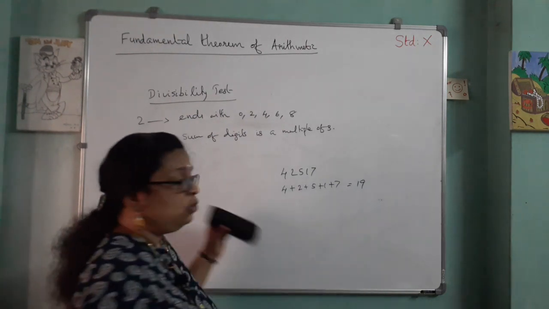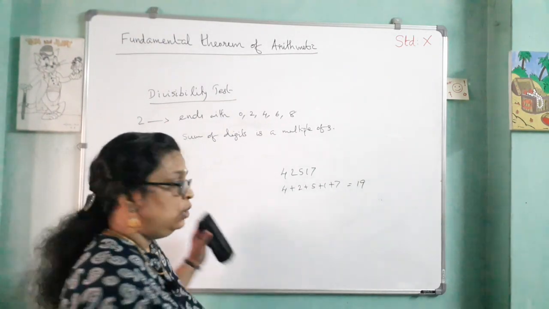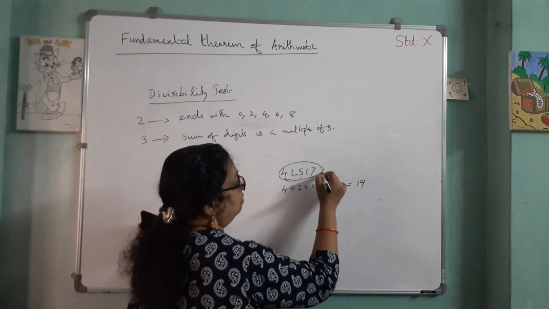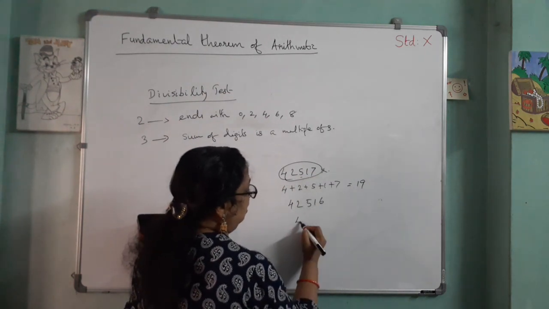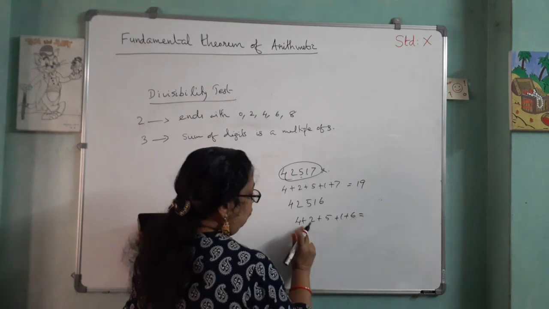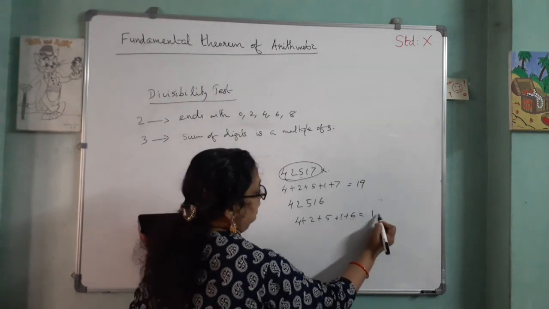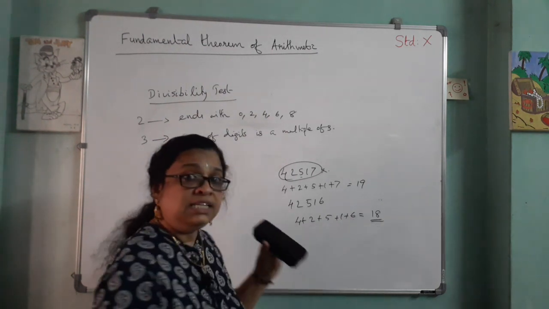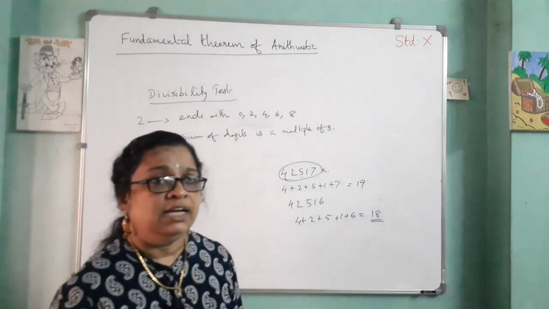But 19 is not divisible by 3, that is, 19 is not in the 3 table. So this number is not divisible by 3. Or if it is 42516, then 4 plus 2 plus 5 plus 1 plus 6: 4 plus 2 is 6, plus 5 is 11, plus 1 is 12, plus 6 is 18. This 18 is 6 times 3. So 18 divided by 3 gives the remainder 0.